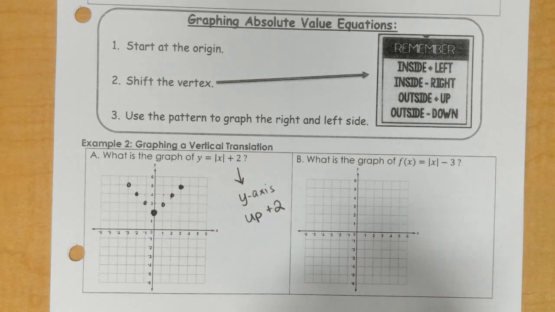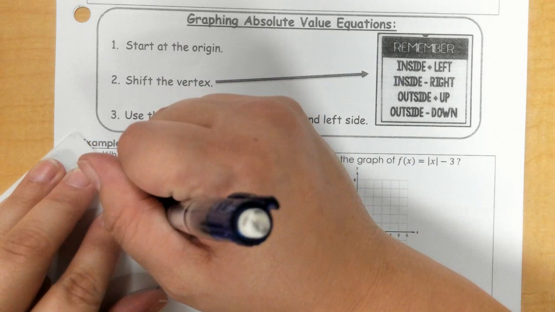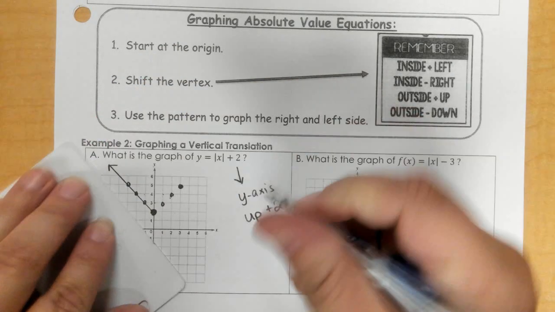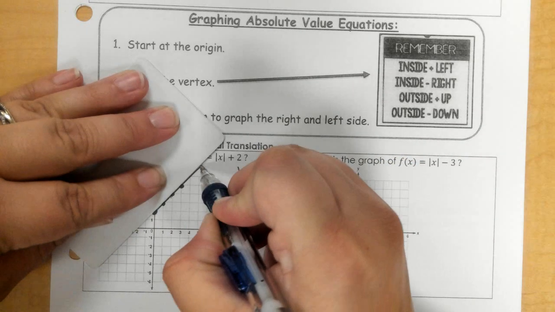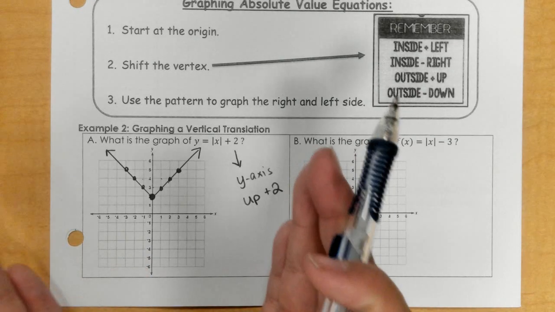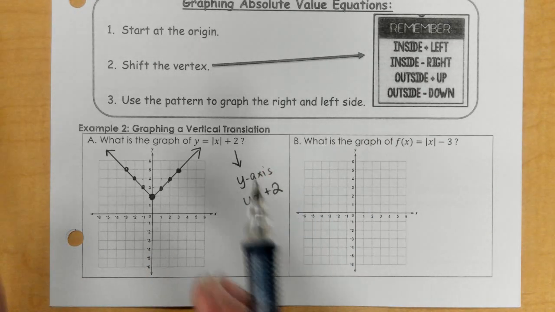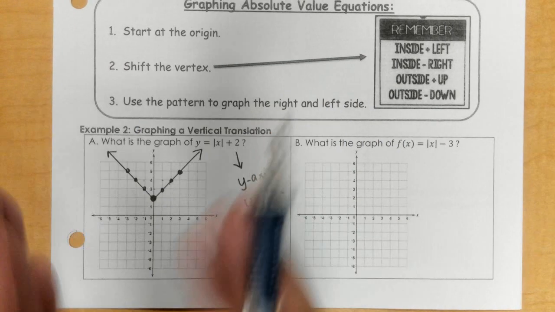Then I can use some kind of straight edge, like your ID, and draw your 2 rays. When you draw them, you want them to be even. You want it to look like a V, not like a check mark or something.